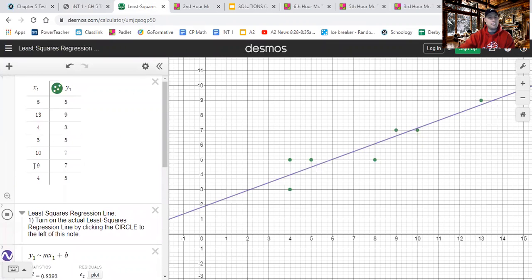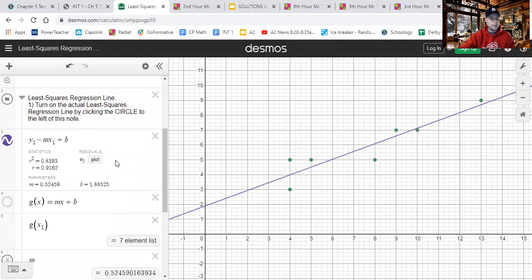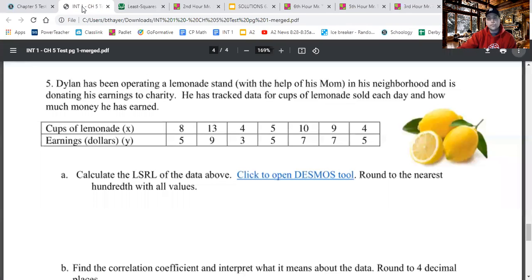I've already got the data put into the table. So now I'm going to look down here at the information that's important to us, which would be the slope and the y-intercept. So we have a slope of about 0.52 and a y-intercept of 1.89. So that would make that right there our least squares regression line equation that we can use to make predictions.